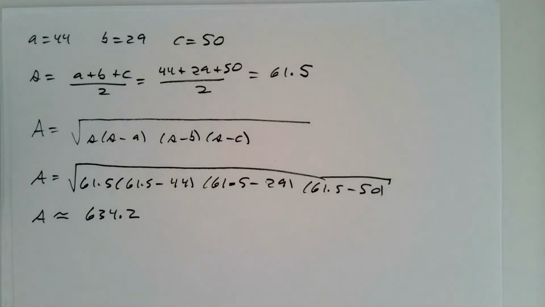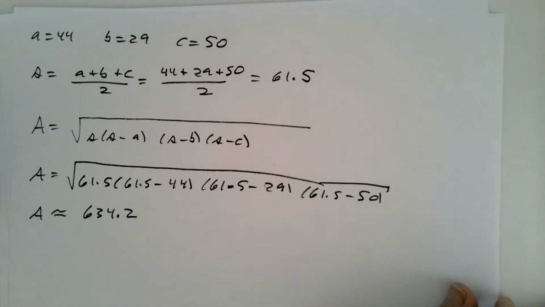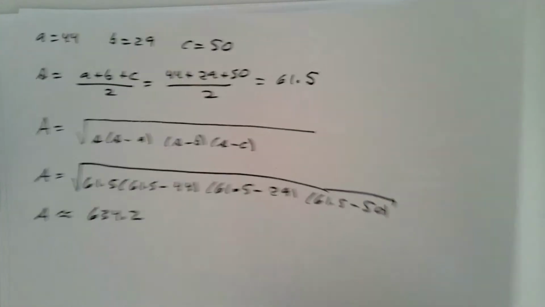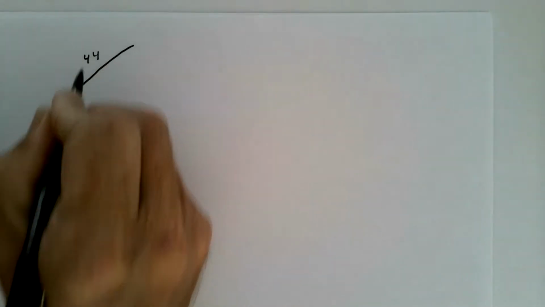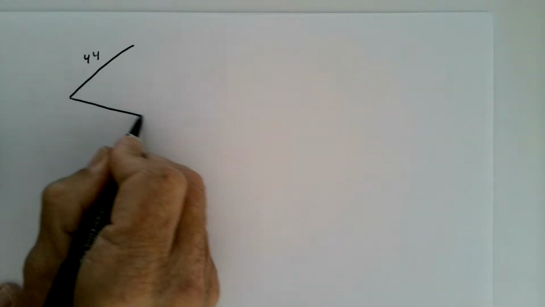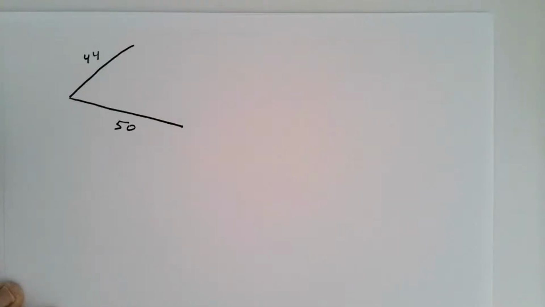So what's another way for us to do this? So again, we have our numbers here that we're dealing with. Let's make sure we draw a picture this time. So again, 44, 29, and 50. Here's 44. Here's 50. Very poorly drawn.